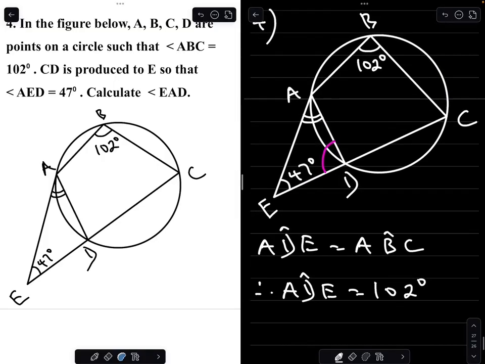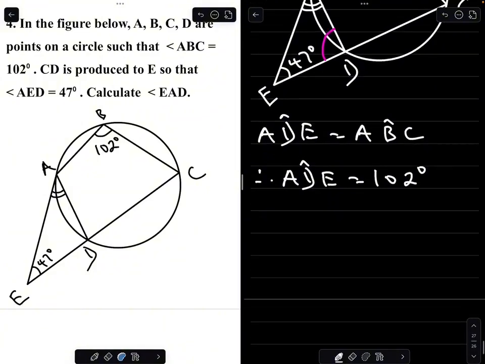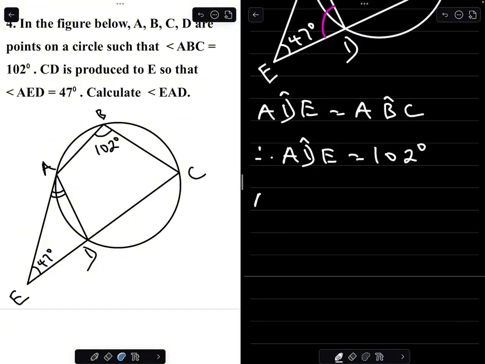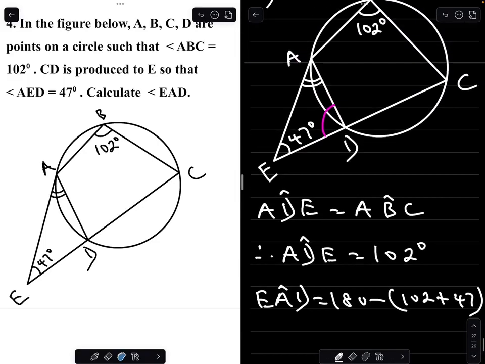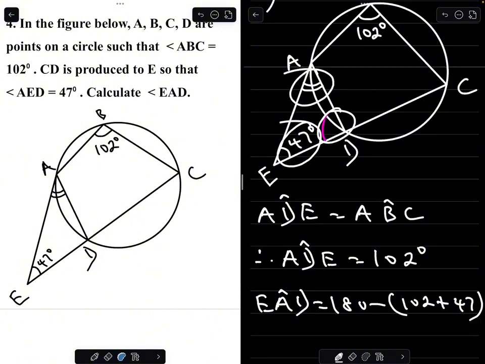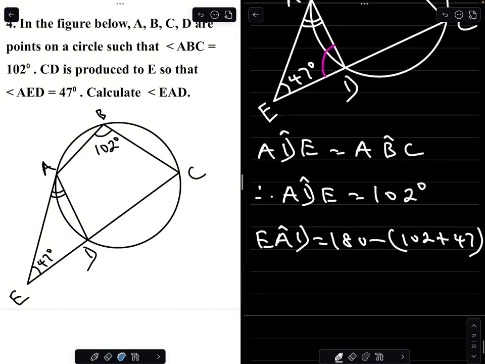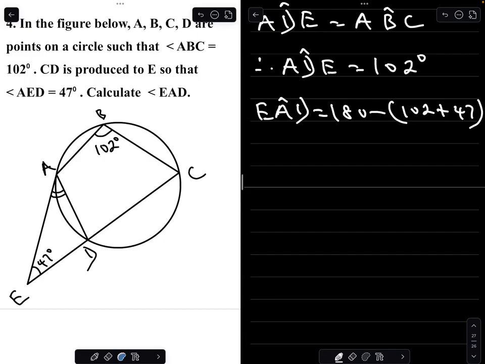Now that we know angle ADE, we can easily find angle EAD. So angle EAD plus 47 plus 102 degrees equals 180 degrees, angles in a triangle. That means angle EAD will be equal to 180 minus the sum of 102 and 47.